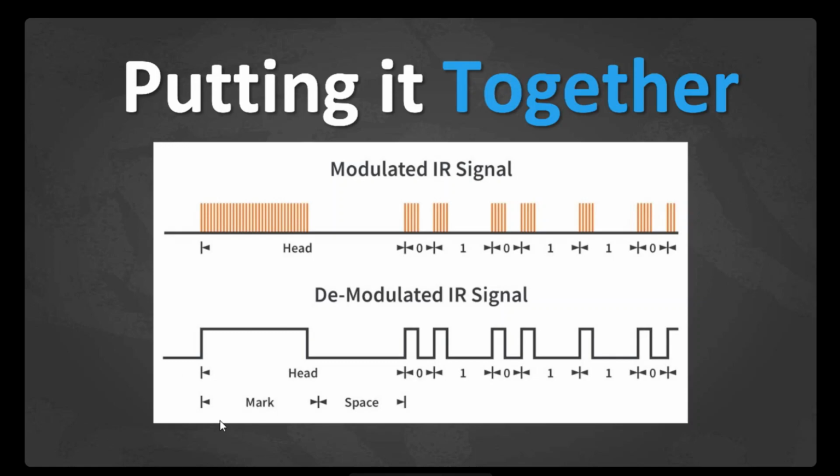This demodulated IR signal, I mentioned before that the IR receiver, the 3-pin version, is able to receive an actual signal and demodulate it. This modulation occurs at different frequencies. A really common one is 38 kilohertz. It depends on your protocol. Sometimes it's 22 kilohertz. Sometimes it's 38. Sometimes it's other weird numbers.